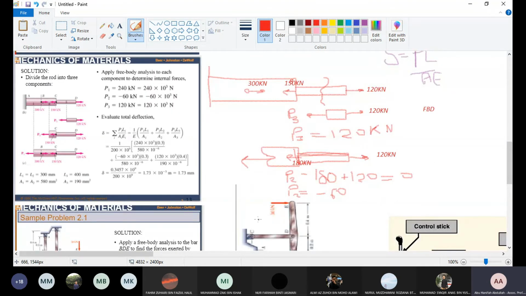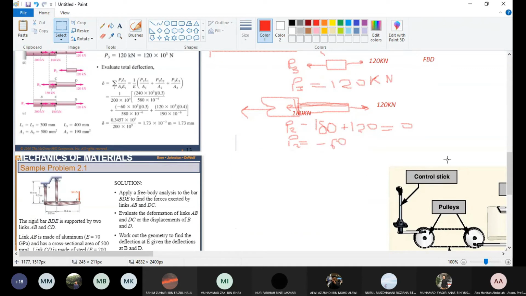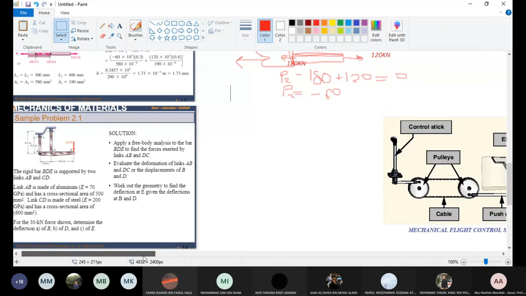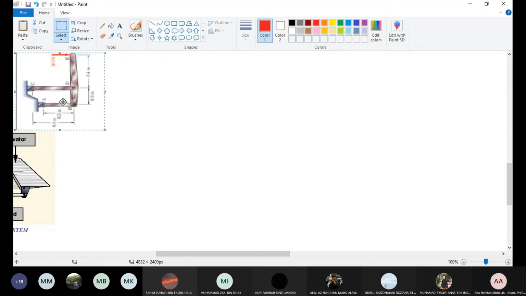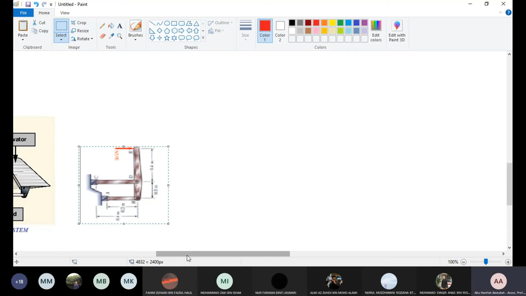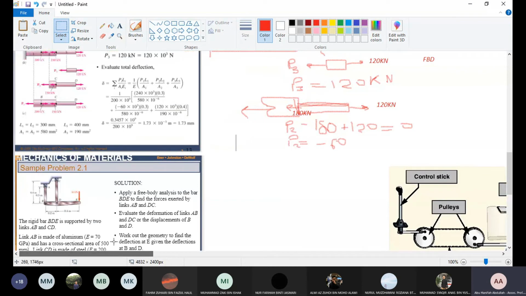Now you have another equation. Let me cut this one off. We have to develop another equation. We have not solved it yet.